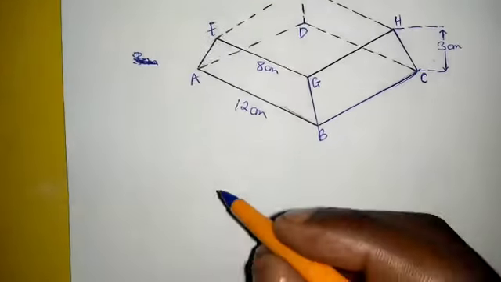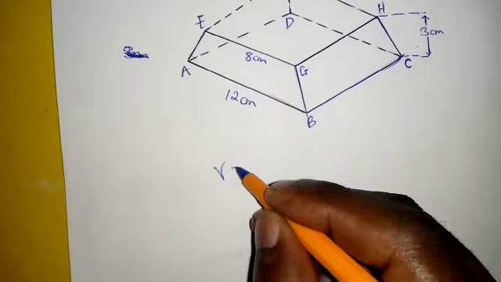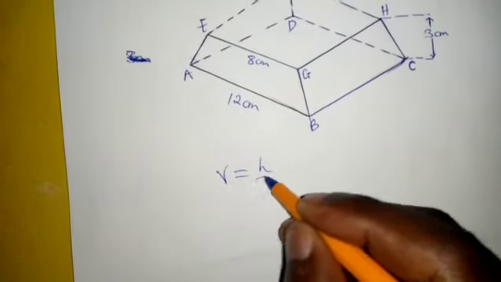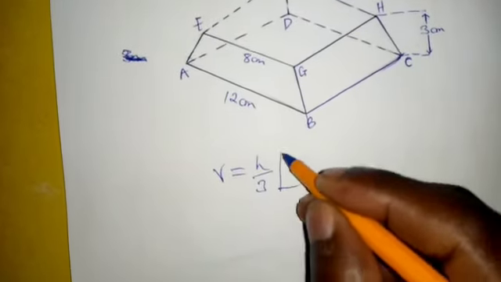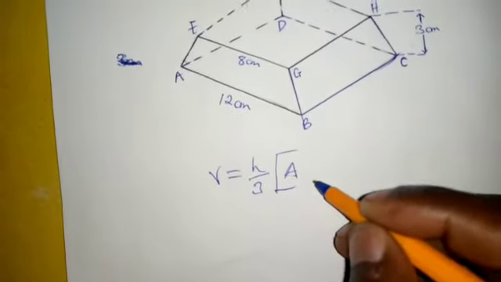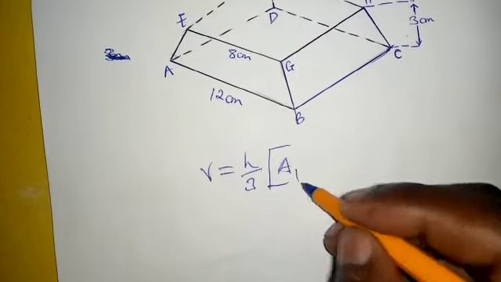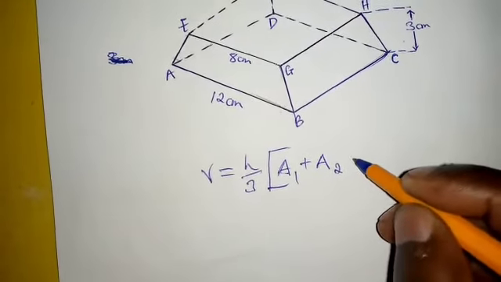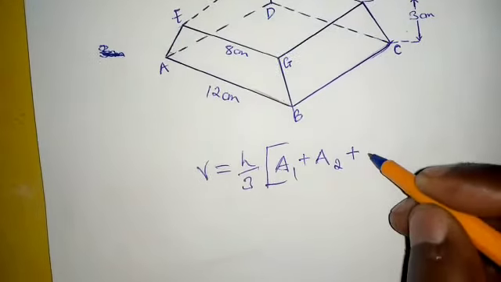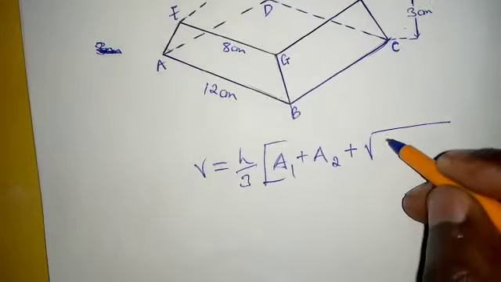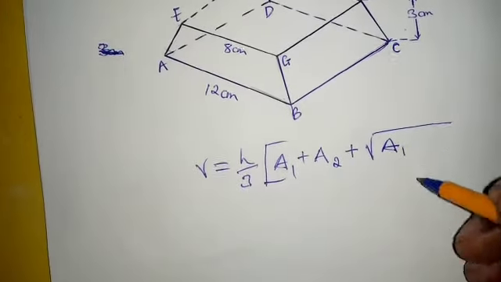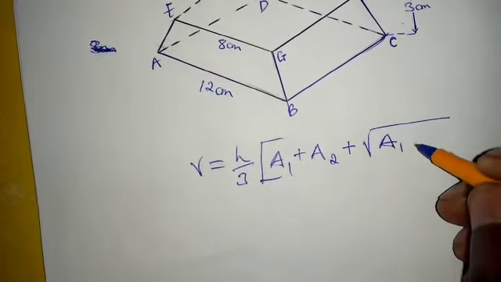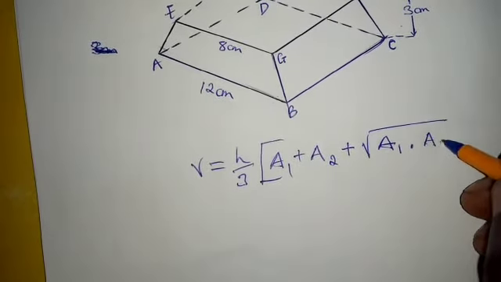So we know that volume is equal to height over 3, times the area of the upper base, plus the area of the lower base, plus the root of the area of the upper base times the area of the lower base.